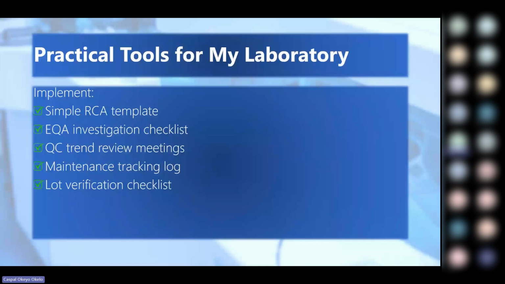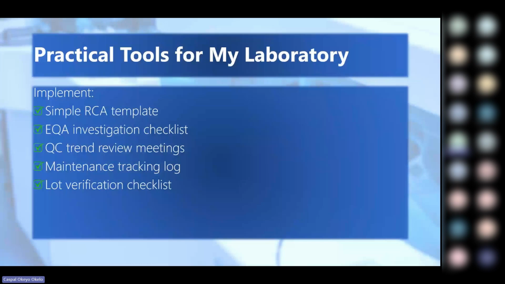A simple RCA template, just one page, will ensure that there is consistency and completeness in your investigation. Things like a reagent lot-to-lot verification form will ensure that no new lot is used without documented comparison. EQA investigation checklists, QC trend review meetings.